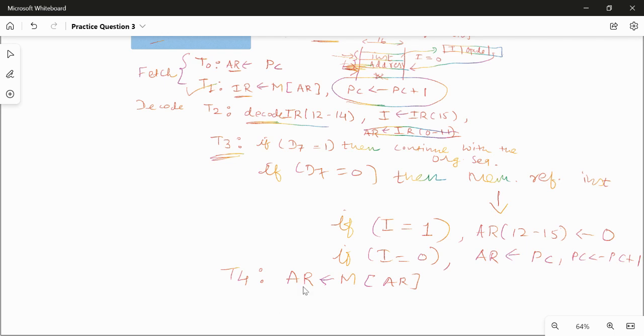So if I is equal to 1, what value will be available in AR? Last 4 bits zeros and first 12 bits the actual address. From where will the control get this address? From the address part of the instruction. In case of I equal to 0, direct addressing, the control will get a whole 16-bit address from the memory. So this is the required change to be made to the configuration of the basic computer.